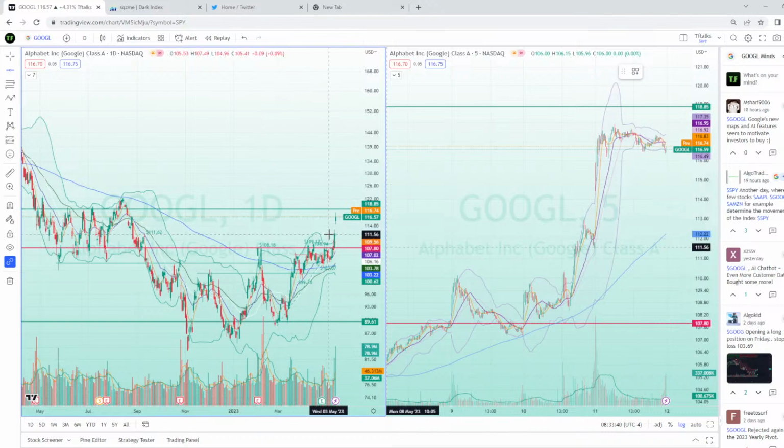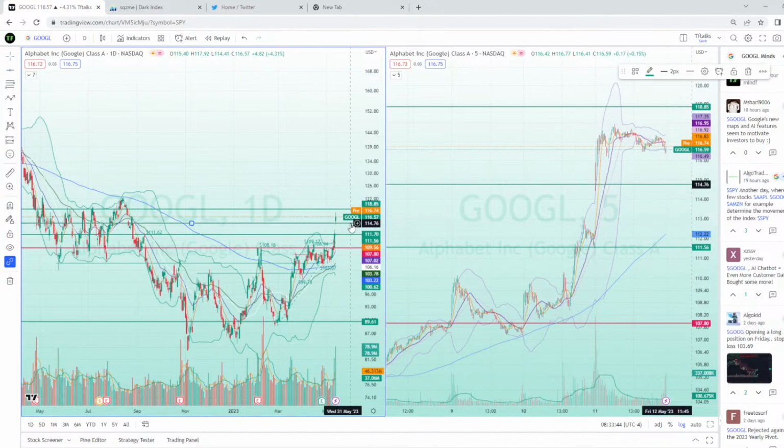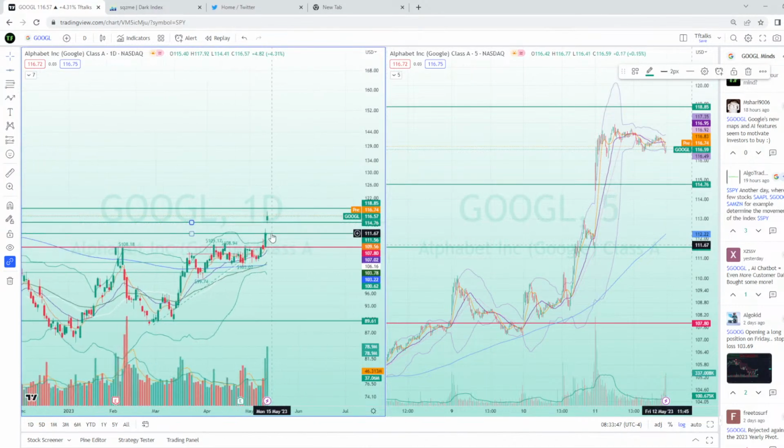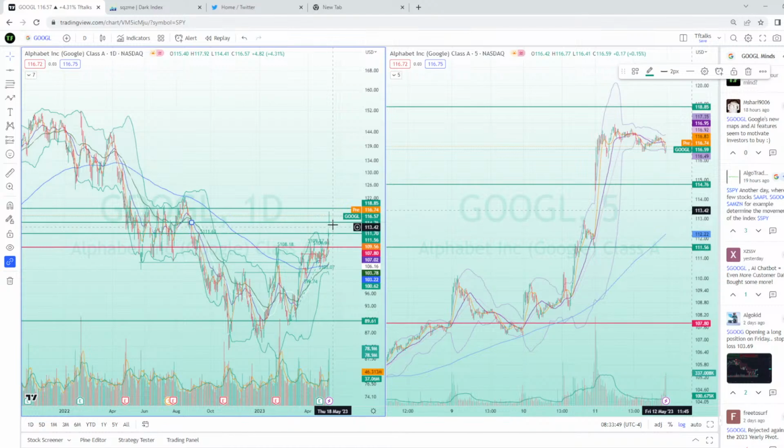So we are now at this level, and this is the gap. We have the big gap over here, and now we are in the second one, where a lot of investors and traders are at this level.